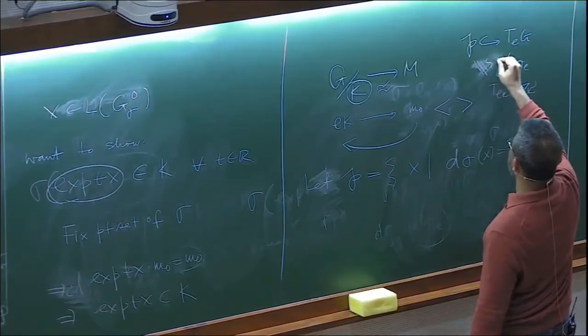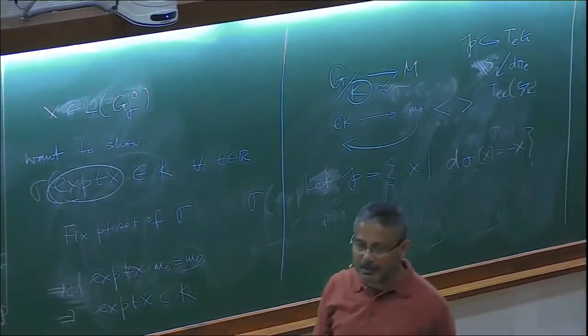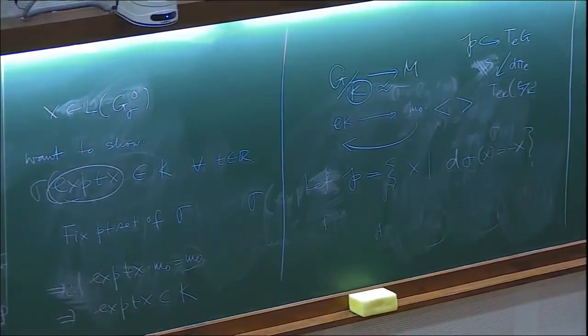So this is an isomorphism, and we pull back the inner product, because we are already given an inner product on M at M naught, and that will do the job.